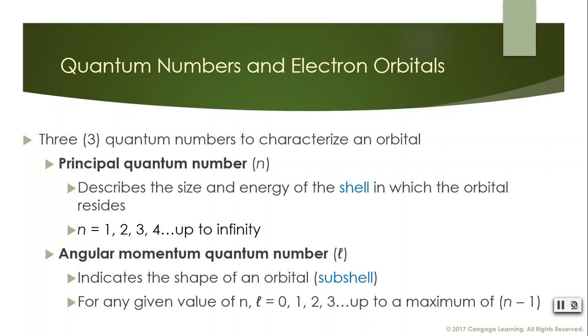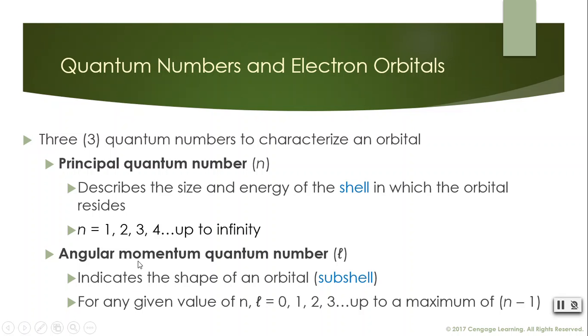Second is something called the angular momentum quantum number, which has the letter L for its designation. The angular momentum quantum number indicates the shape of the orbital, or the shape of the region of space.